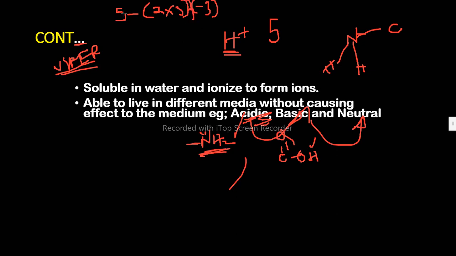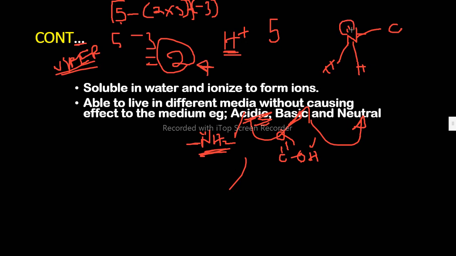So in simple terms, it is the same as saying 5, the outermost, minus the 3 bonds, and you remain with 2 electrons out of 5 that remain untampered with, untouched. And these 2 electrons are the ones that contribute to the lone pair.